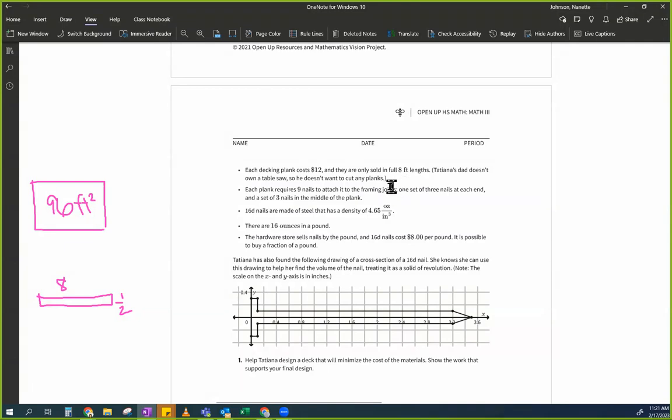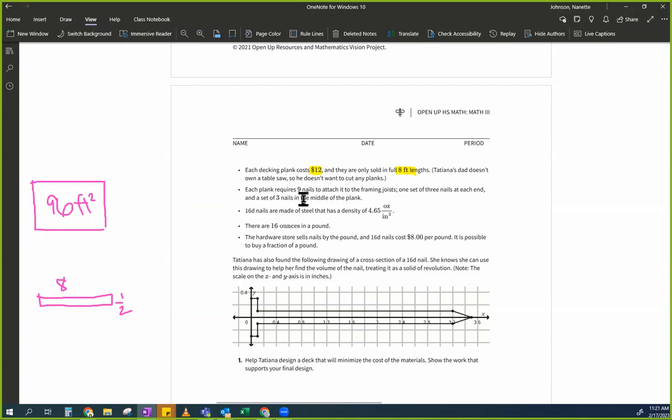So I'm going to just start highlighting some stuff. Each plank costs $12. They're only sold in 8-foot lengths. Tatiana's dad doesn't own a table saw, so he doesn't want to cut any planks. That's important, right? So that tells you some of the dimensional stuff.